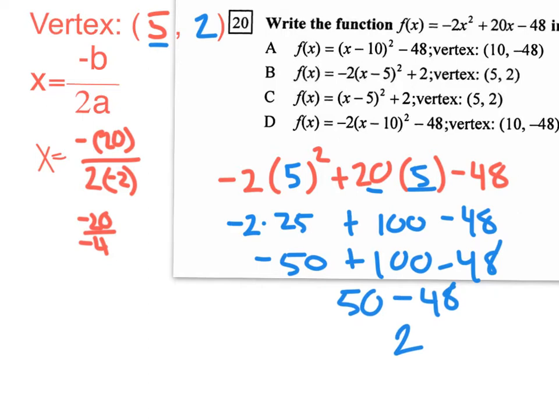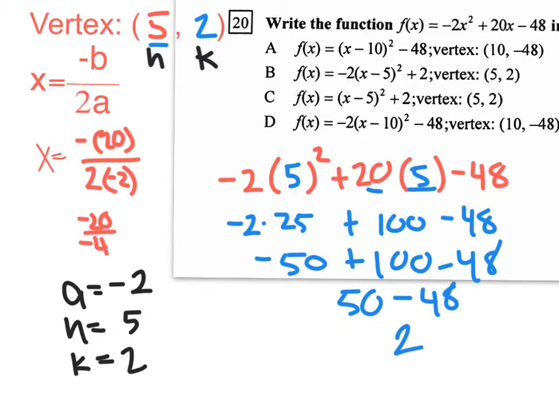Ladies and gentlemen, if I know my vertex, I really know my h value and my k value. If I take a look at the original equation, I know that the a value is what? Negative 2. So if I know that my a value on the original equation is negative 2, and I just found the h value, which is 5, and the k value, which is 2, now I should be able to write it all in vertex form.